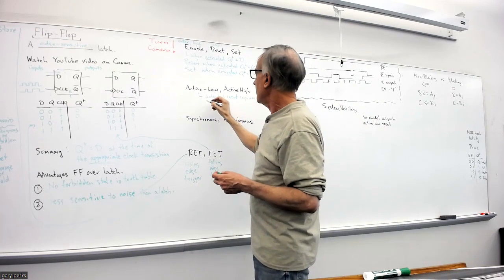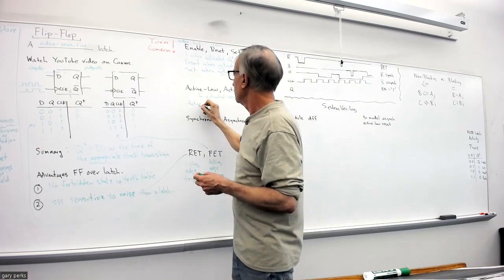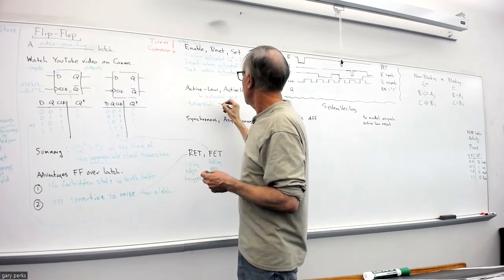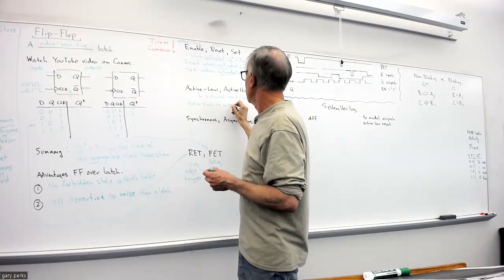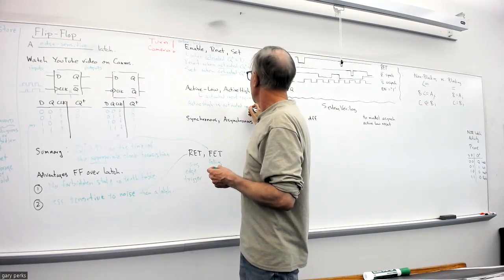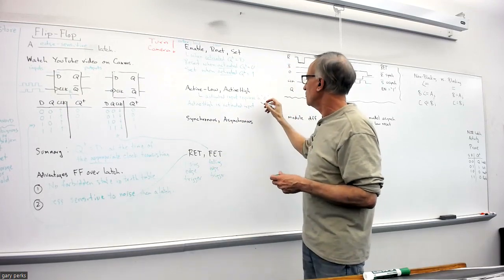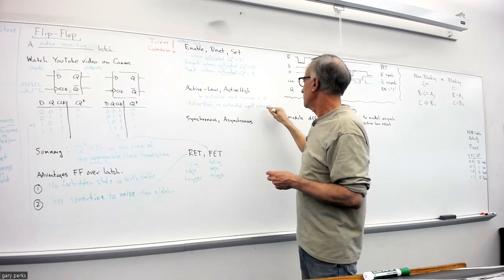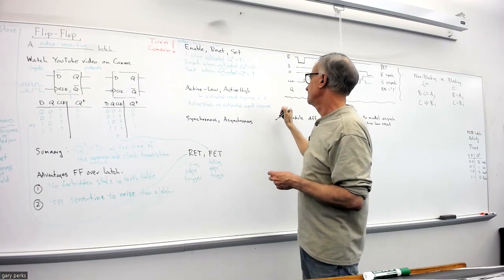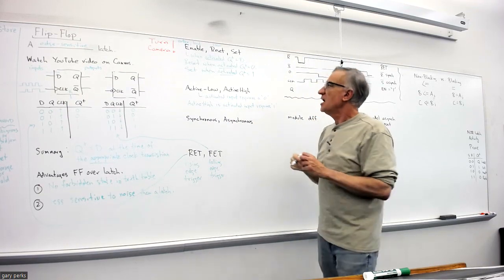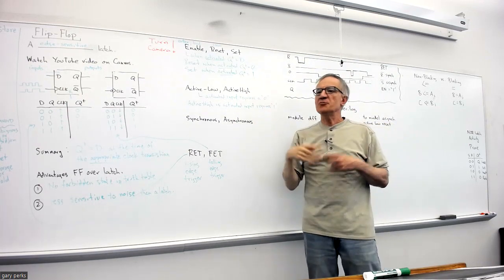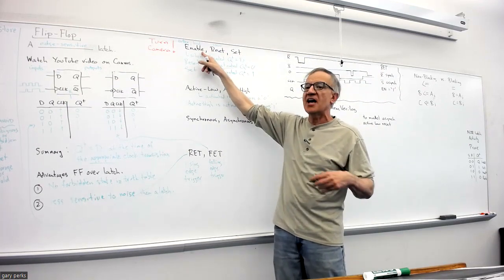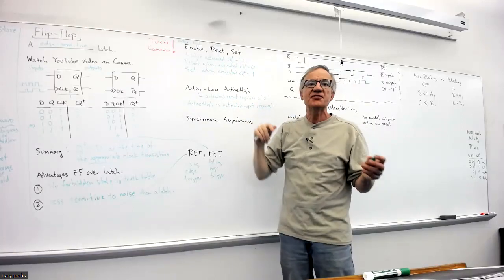And active high, you've probably guessed now that you know what active low is, to activate an active high input requires a 1 on the input. And each one of these inputs can either be active low or active high. So, you know, you can have active high enable, active high reset, active high set. You can have active low enable, active low reset, active low set.